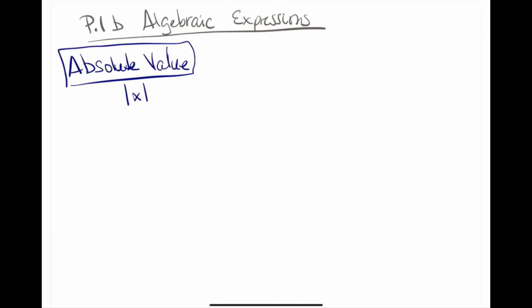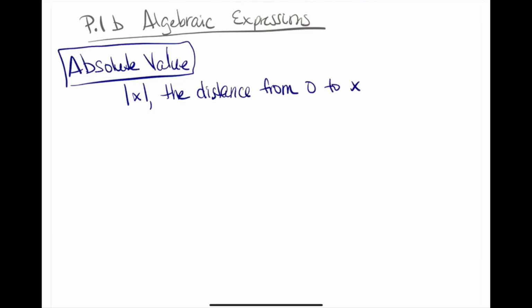Yeah, it's the positive number. And do you know why it's the positive number? Because that's what it is, right? Yeah. So technically the definition for absolute value is the distance from 0. So the distance from 0 to x, just because we've got the x in there as our little variable.